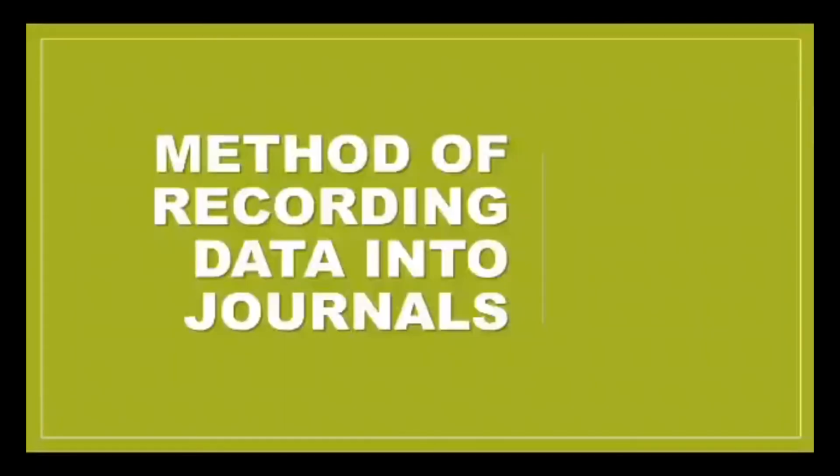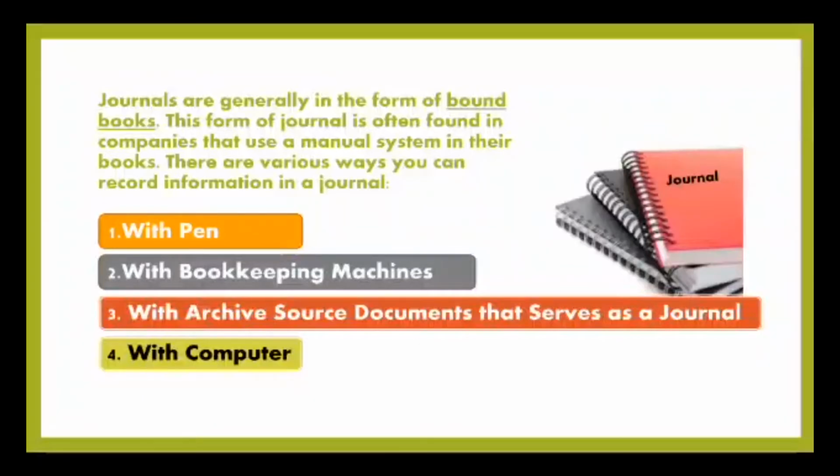And then what are the methods to record data into the journal? There are 4 kinds of record. The journal is generally in the form of bound books. This is like the bound book. The book is bound with something like this one. And then this form of journal is often found in companies that use a manual system in their books.